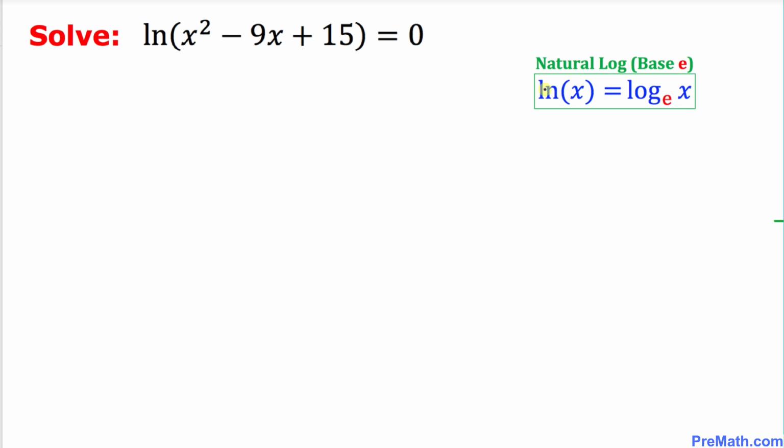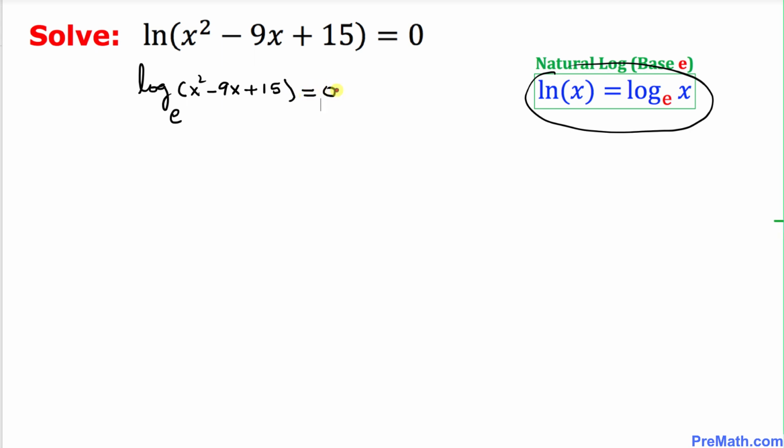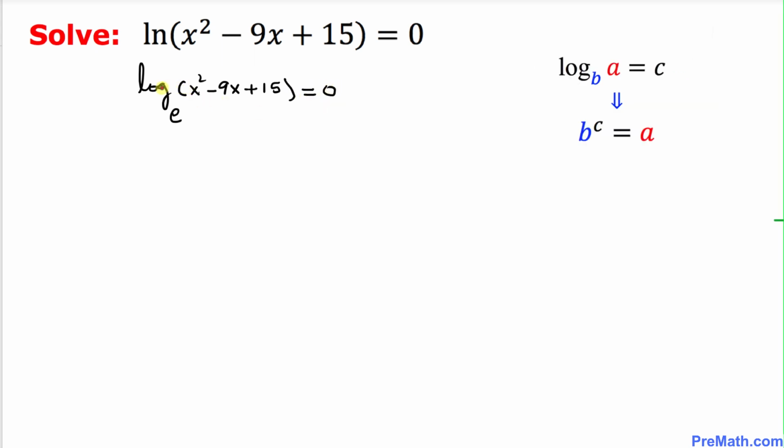2.718. Let's go ahead and use this fact, and we can write this natural log as log with the base e of x squared minus 9x plus 15 equal to 0. Now we are going to convert this logarithmic form into an exponential form by using this fact.